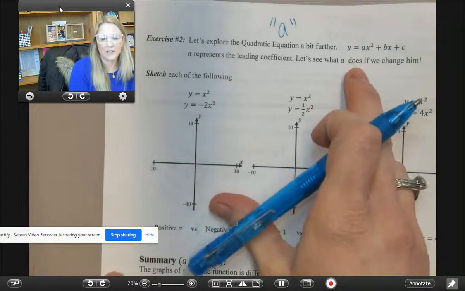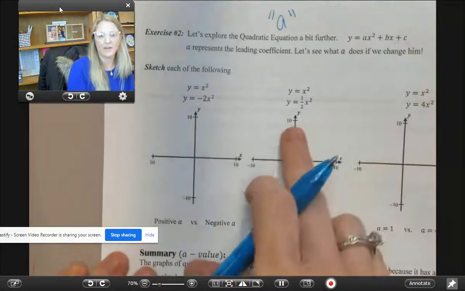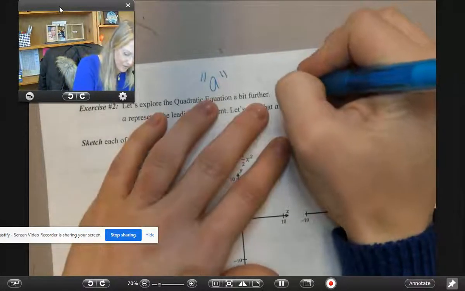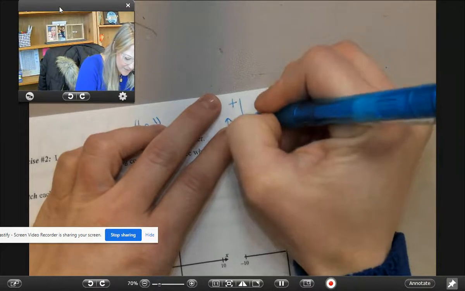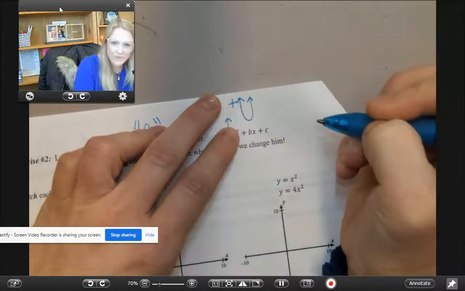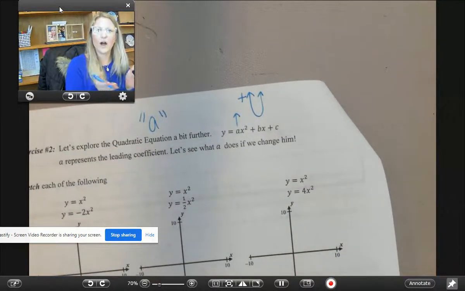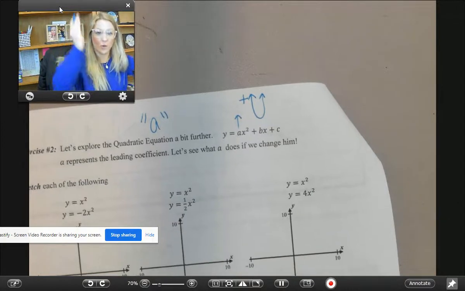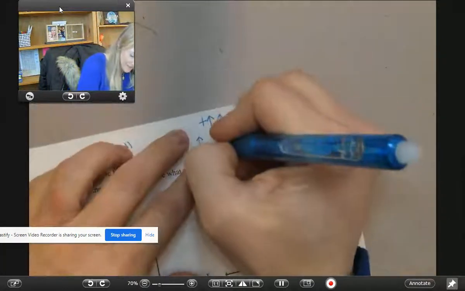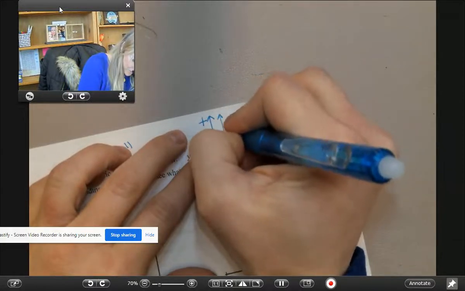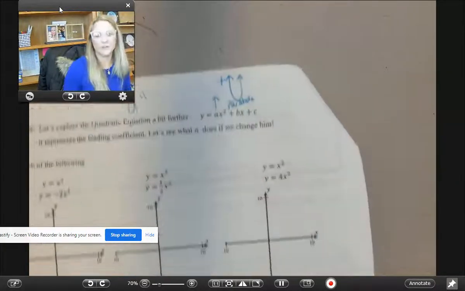Okay, the a value is super powerful. The a value is going to tell you, are you ready? I'm going to give you a little prelude. The a value is going to tell you if it's smiling, meaning like this is called concave up, because it's going up with the arrows, a concave up parabola. Okay, don't forget the word parabola, that's what the shape is called.